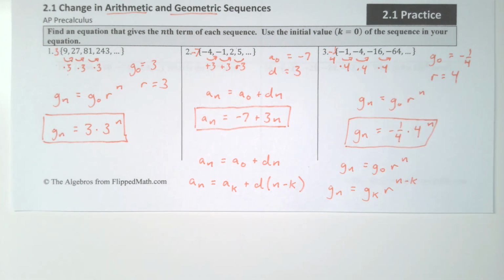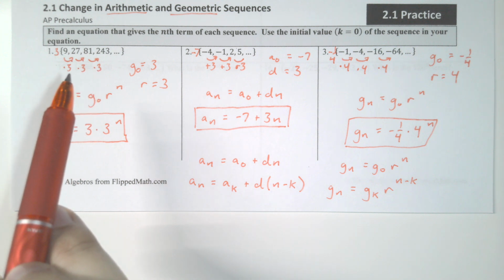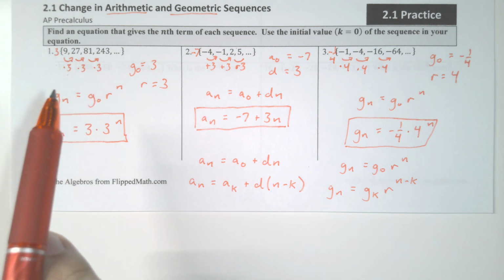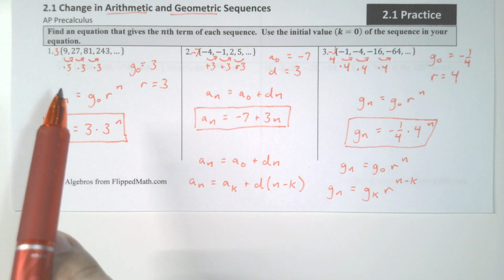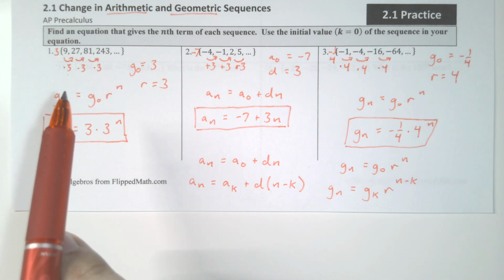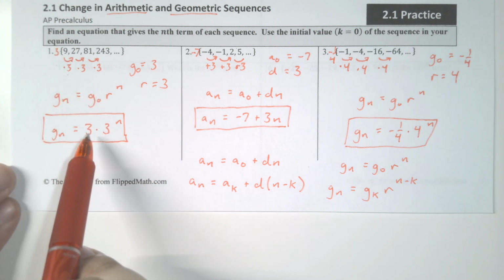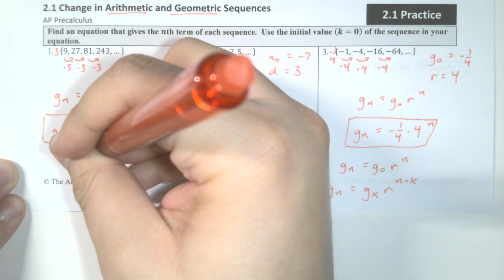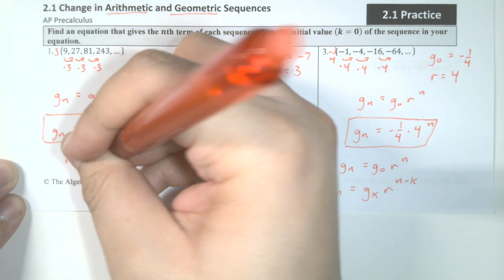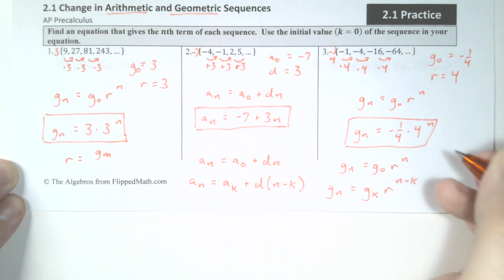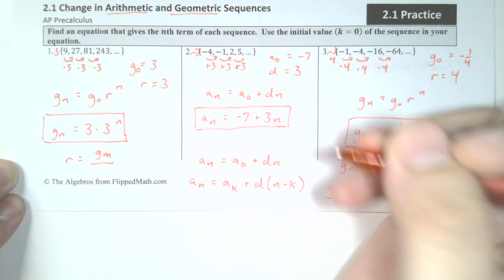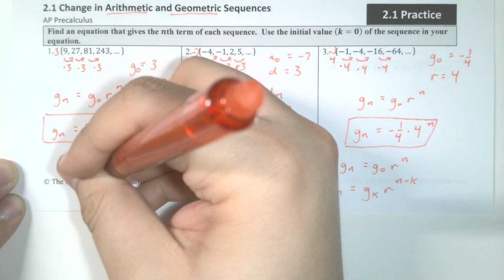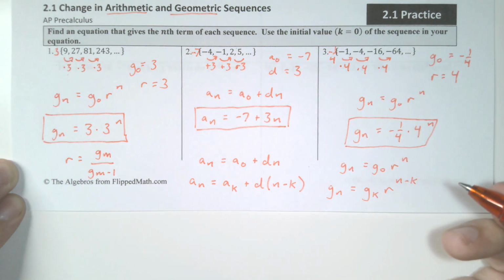So, something to point out with the geometric sequences, so we have 2 of them here, right? If you have determined that, or maybe you haven't determined that it's a geometric sequence, something that you can do to figure out the ratio every time is that the ratio is given by some term, I'll call it g sub m, any of your terms divided by the term previous to it.